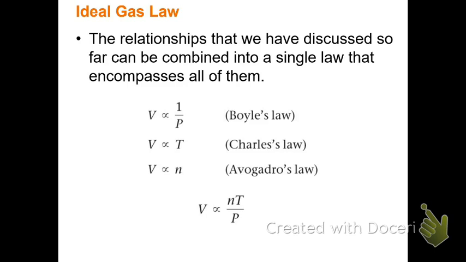All right, and I think this is the second to last gas law that we're going to cover. It's called the ideal gas law. And the ideal gas law is more of a complete gas law compared to the combined gas law, because now you're looking at all three variables here: volume, temperature, and number of moles.